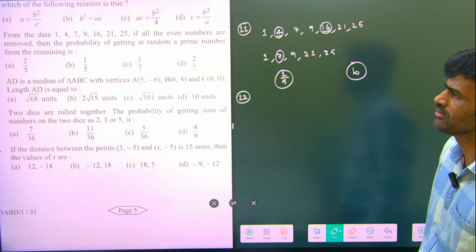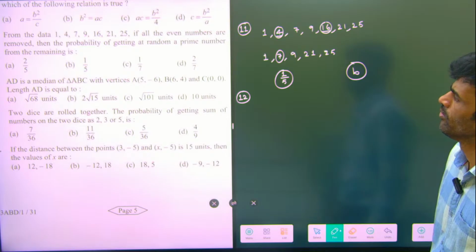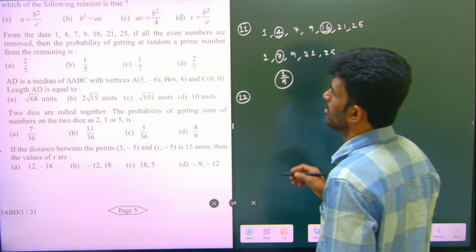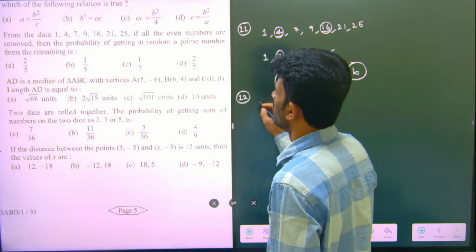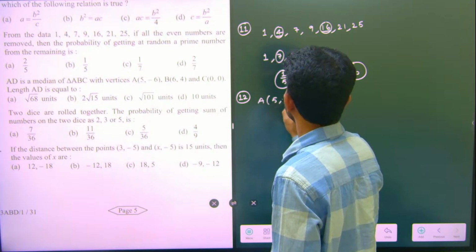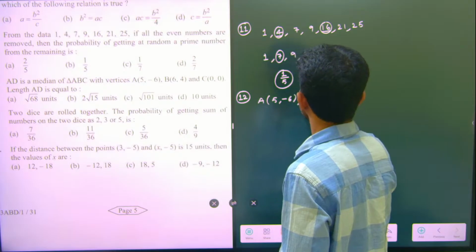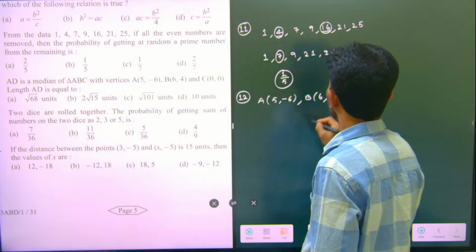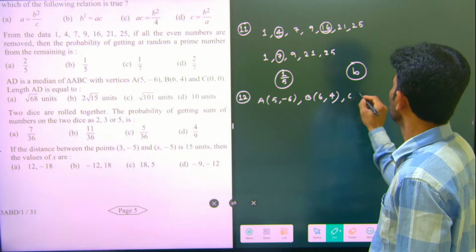AD is a median of triangle ABC at vertices. You have to find the length of the median. A is given 5 comma minus 6, B is 6 comma 4, and C is 0 comma 0.